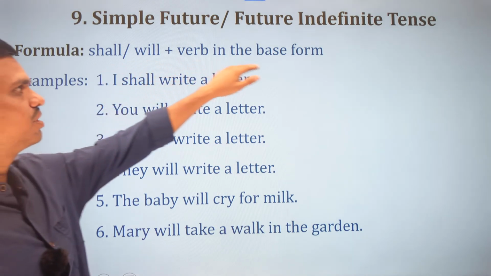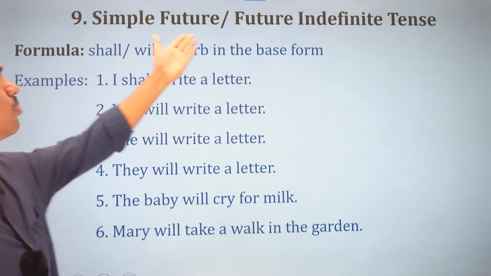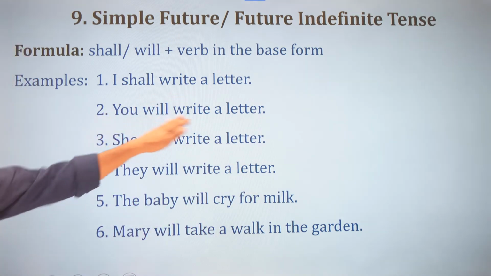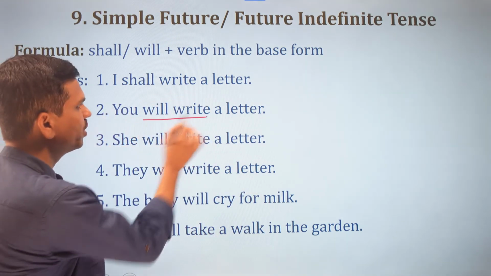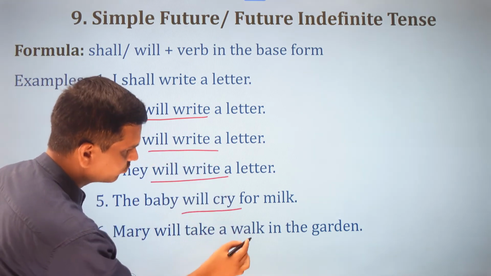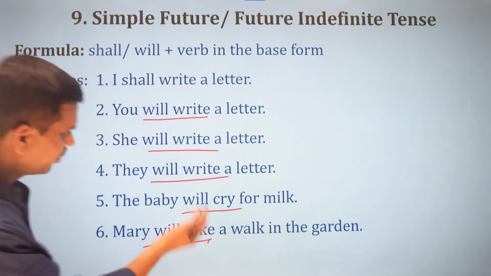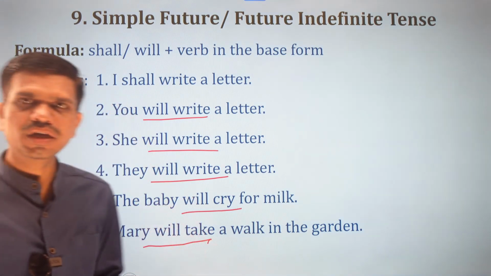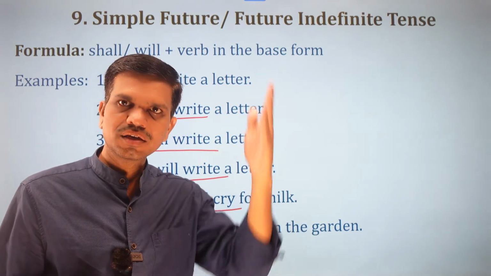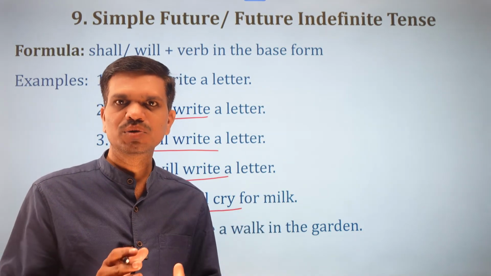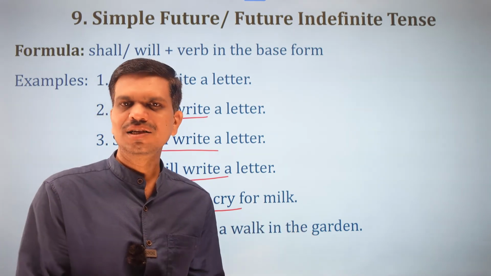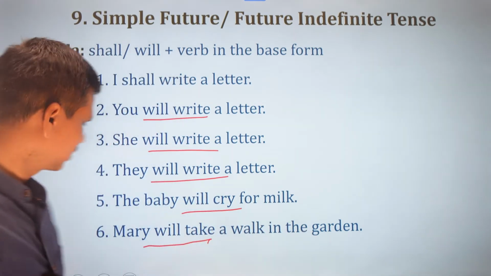Shall, will plus verb in the base form forms simple future or future indefinite tense. I shall write a letter, you will write a letter. It's very simple, will plus base form, right? And you form this tense, will take. Now based on this you can prepare your own examples or sentences in all sentence types: affirmative sentence, negative sentence, positive question tag, negative question tag, all these types of sentences.